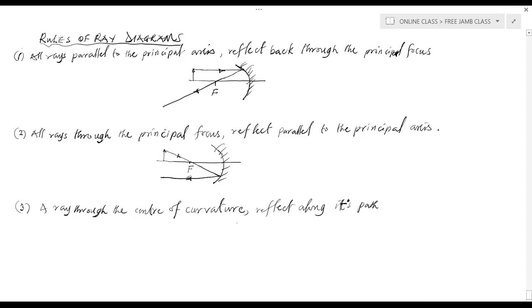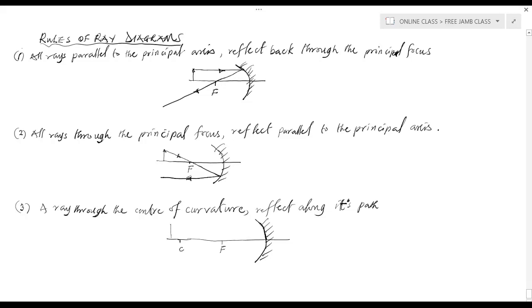That is, it reflects back along that same line, same direction. That's on this. You see it. The center of curvature is there.